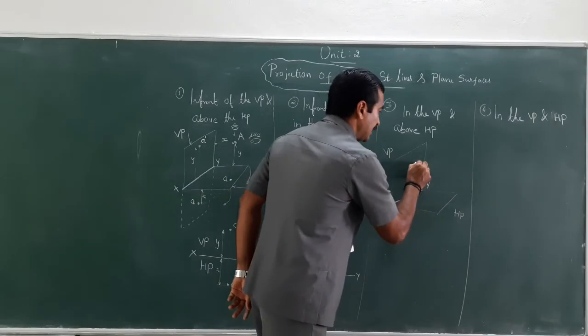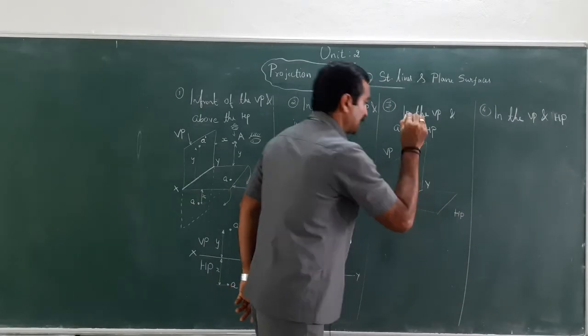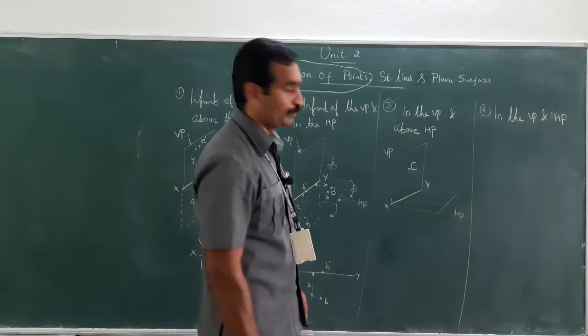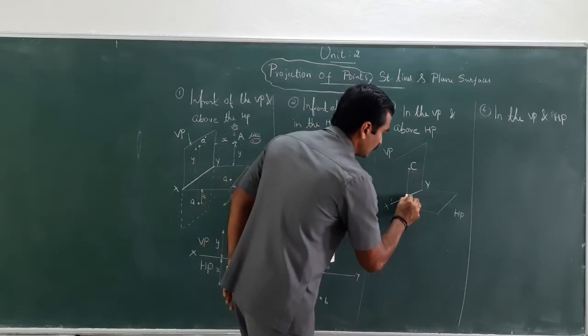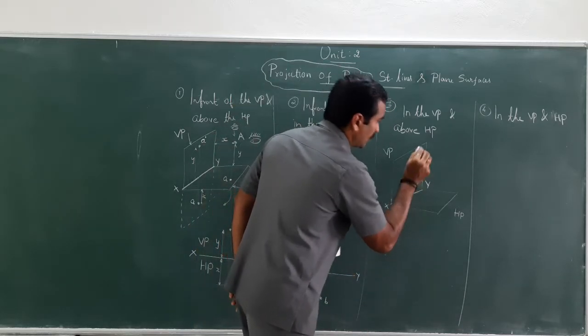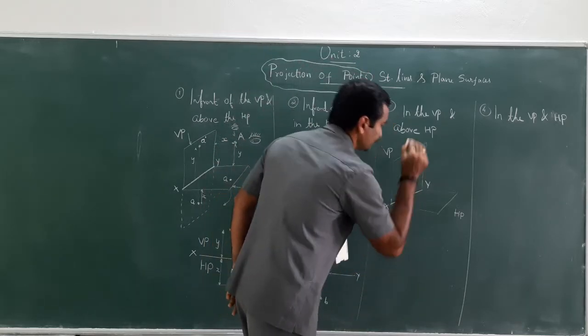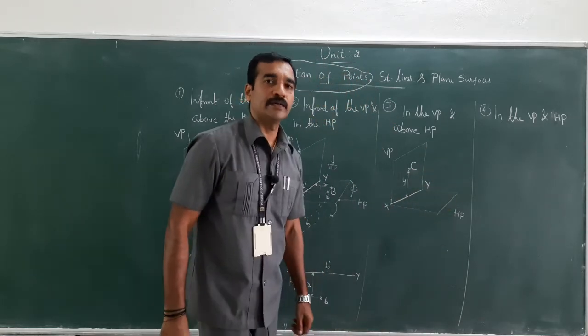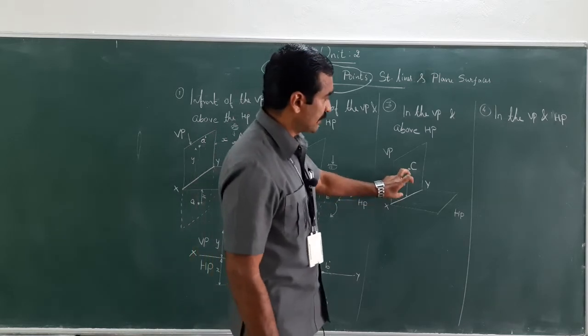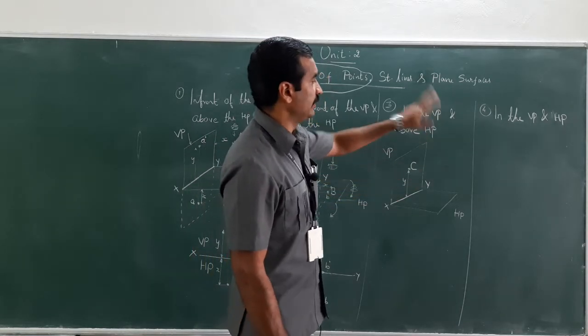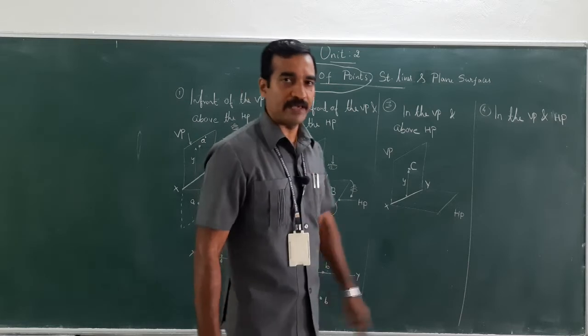So let me give the notation for this as capital C, at a height of some distance y. Right? This is above HP and in the VP. This is how the object is placed.